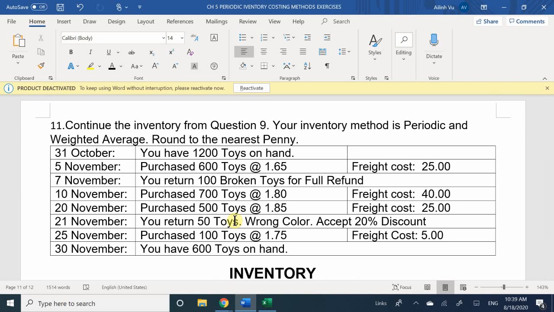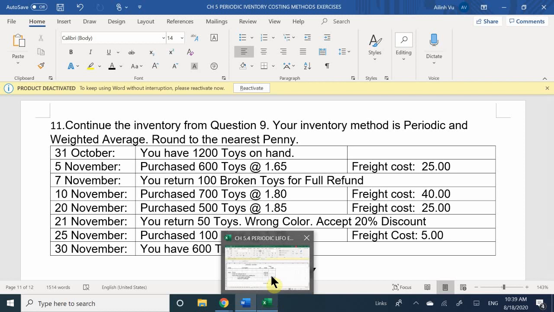Your inventory method is periodic and weighted average. Round to the nearest penny. Here on October 31st, you have 1,200 toys on hand. So let's go ahead and pull this forward.